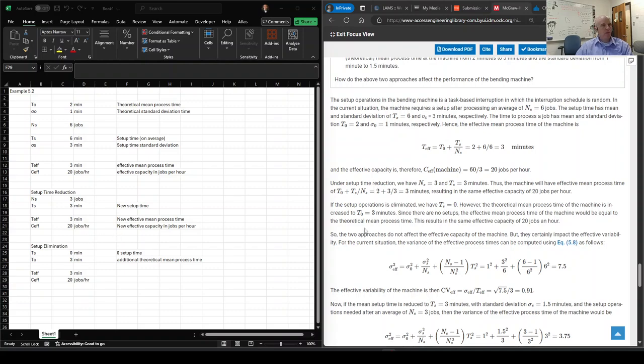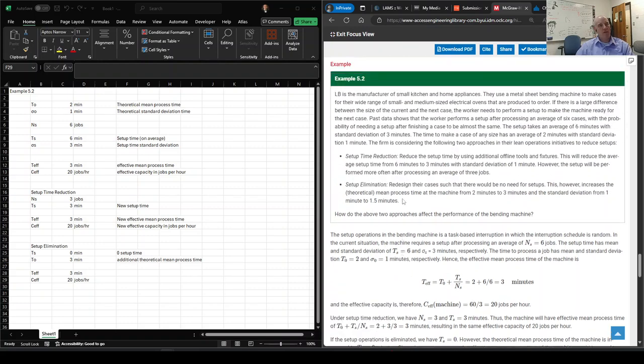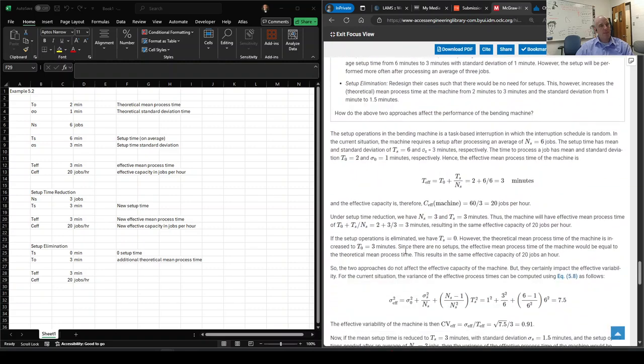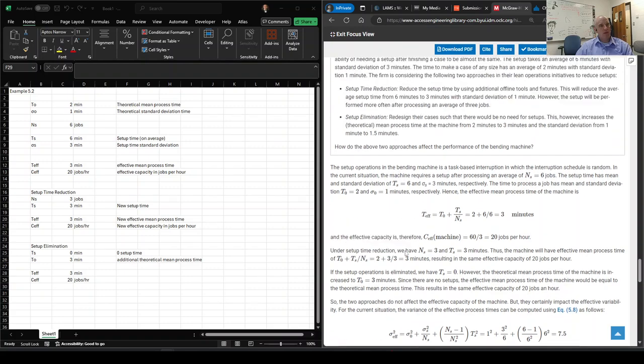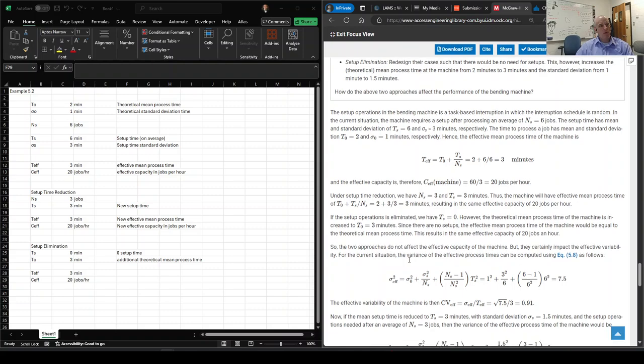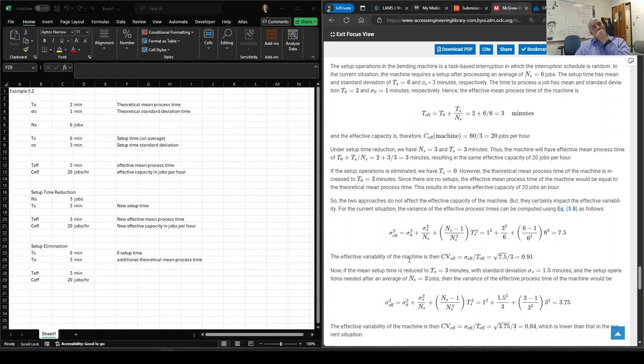Okay, so basically what we've seen so far is that we have these two approaches, and neither approach negatively affects capacity or has any impact on capacity. So maybe it doesn't matter. Well, we shall see. There's a couple more iterations that we can make here, a couple more ways to look at how the performance changes.